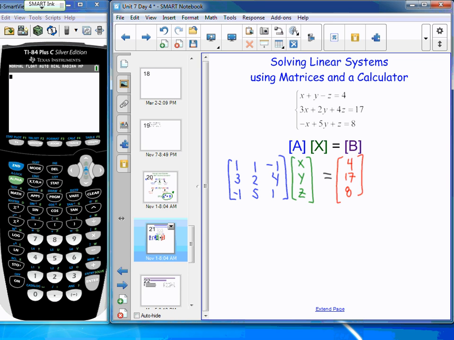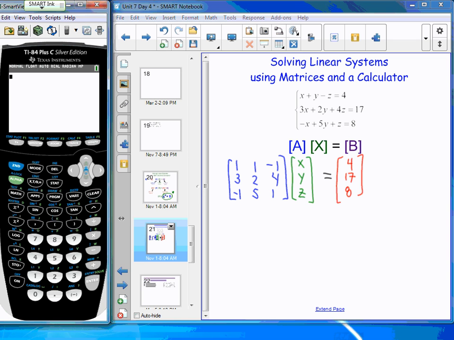On our graphing calculator, we're going to edit a new matrix A, which is what dimensions? It's my coefficient matrix. 1, 2, 3 rows by 1, 2, 3 columns. So everybody, where's that matrix editor? Remember, it's row 4, column 1. Second inverse is the matrix editor.